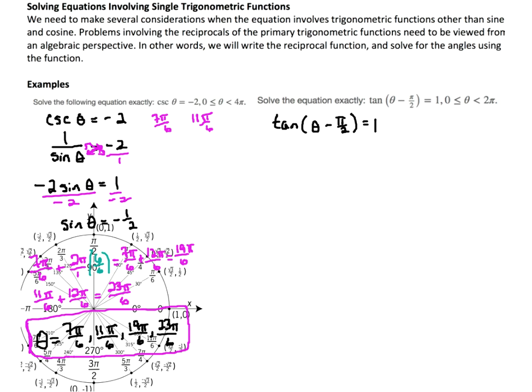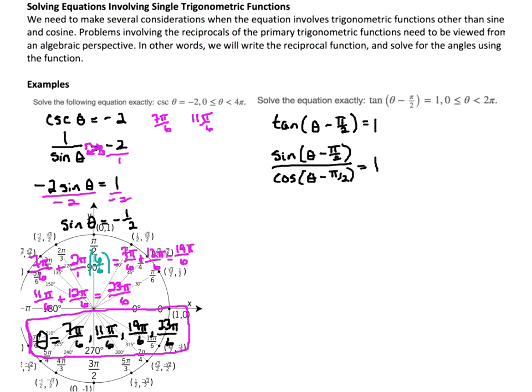And I know that tangent is the same thing as the sine over the cosine. So I'm going to change that to sine of theta minus pi over 2 divided by cosine of theta minus pi over 2. And that equals 1.